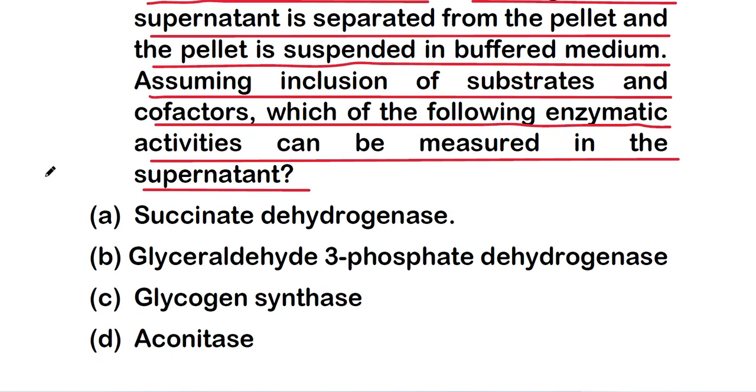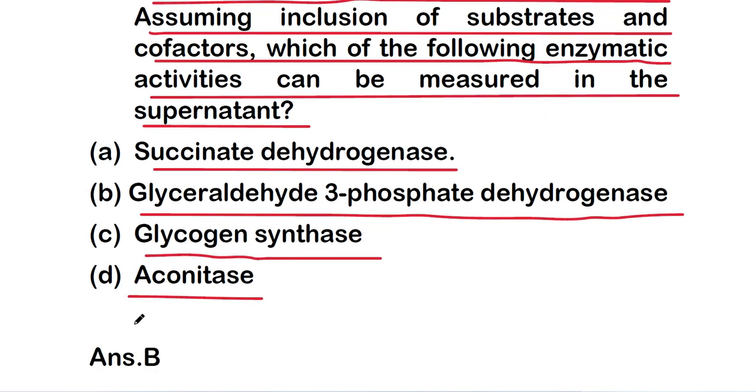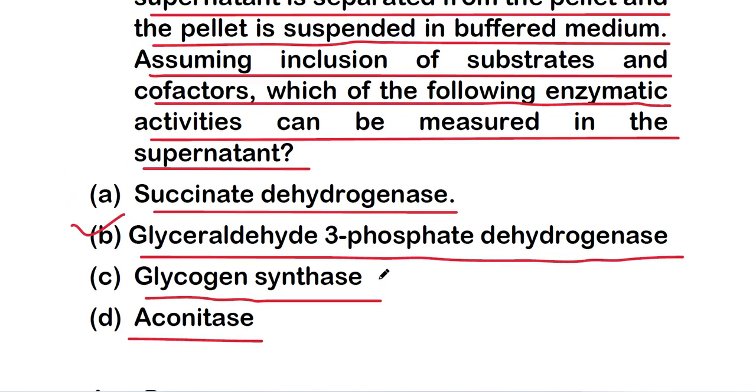The options are: option A, succinate dehydrogenase; option B, glyceraldehyde 3-phosphate dehydrogenase; option C, glycogen synthase; option D, aconitase. And the right one is option B, that is, glyceraldehyde 3-phosphate dehydrogenase.